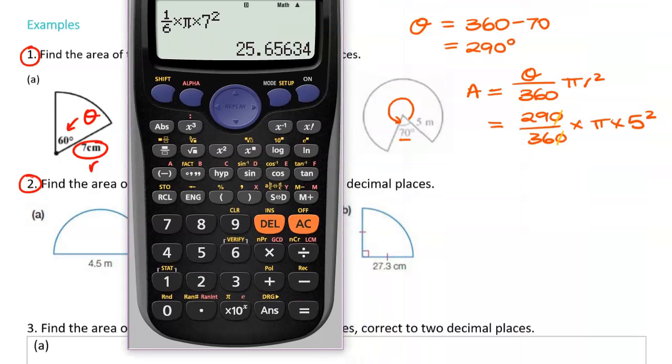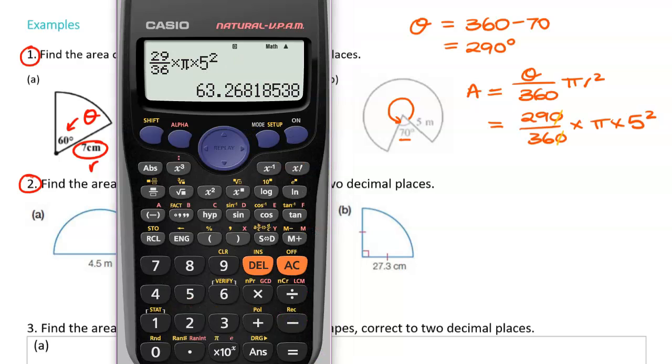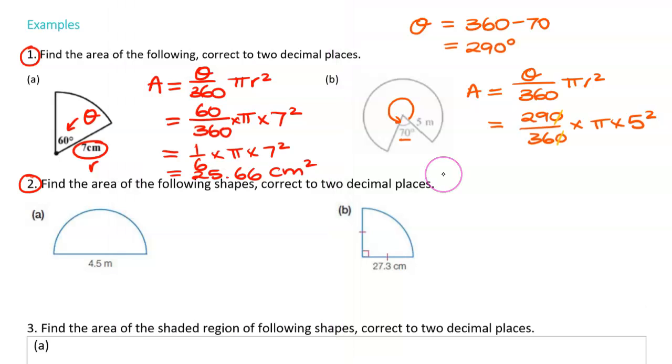We can just pop it into the calculator now. So you could put in 29 over 36, or you could have done 290 over 360. We've got times pi times 5 squared. That's going to be 63.27. And our units now are metres squared.